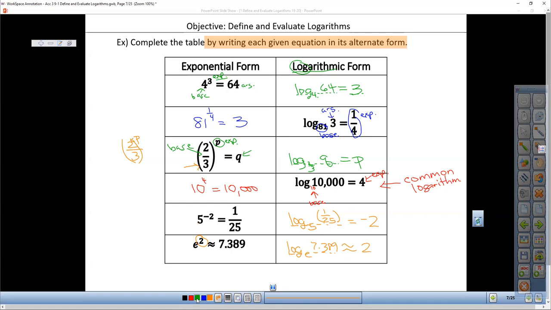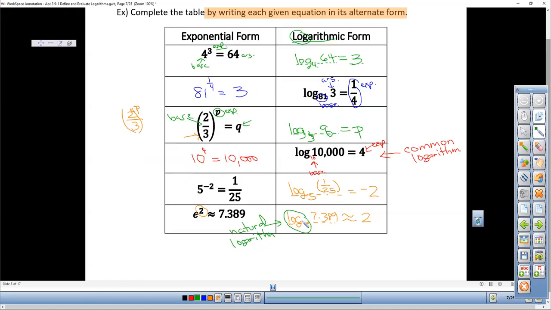7.389. Now, log base e, this is what we refer to as the natural logarithm. And we're going to talk more about the natural logarithm in this unit and the next. But what we're going to introduce right now is the special notation we have for the natural logarithm. Remember how the common logarithm up here did not have this base of 10 shown?